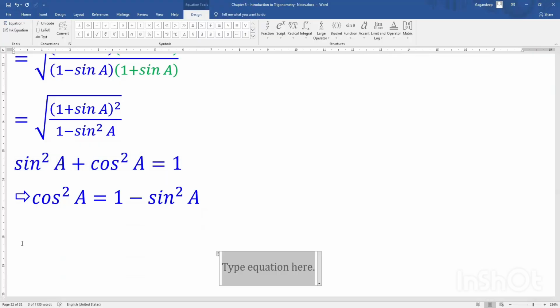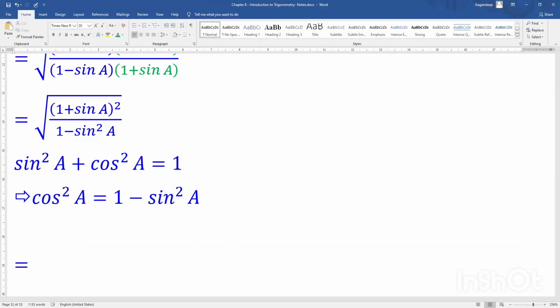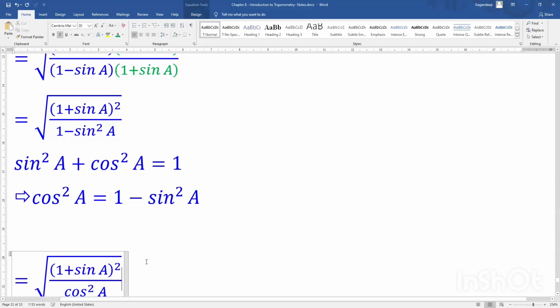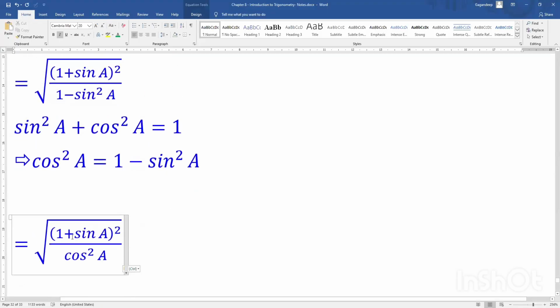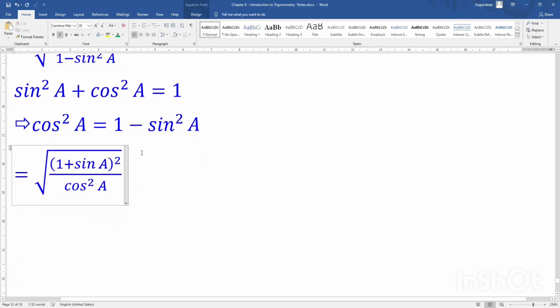In my next step, I write it as square root of (1 plus sine A) the whole square by cos square A, where cos square A replaces 1 minus sine square A. Then I'm going to distribute the square root over both numerator and denominator.